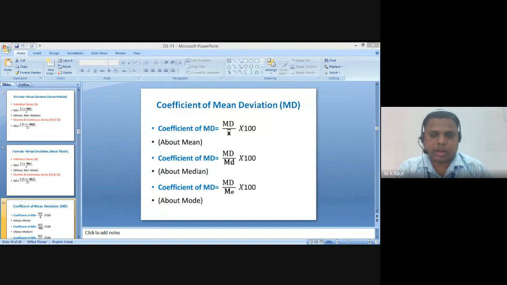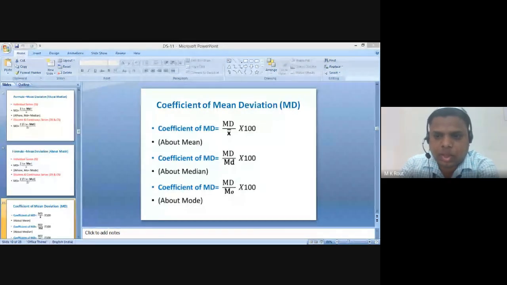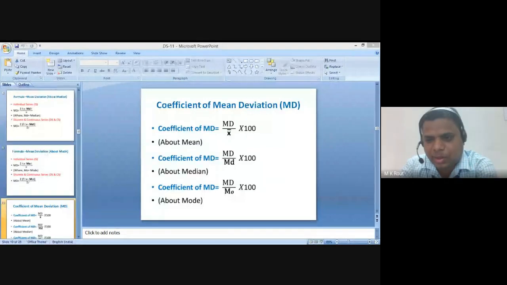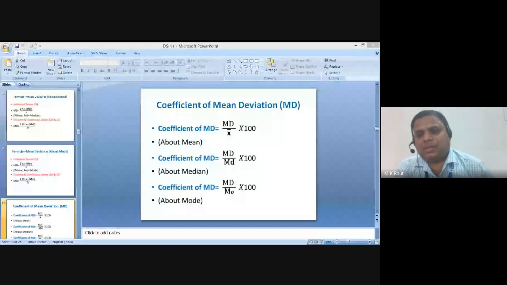Shashwati Nayak, how many formula you have written? Saubhagya Lakshmi Singh, how many formula you have written in case of mean deviation? In mean deviation, 1, 2, 3, 4, 5, 6. Six, good. Shalini Patra? Yes, sir.